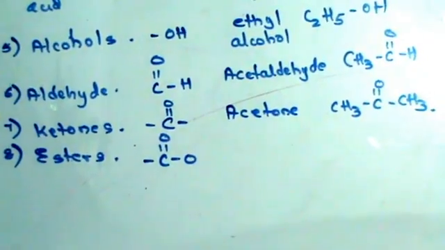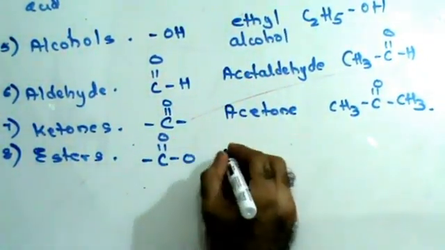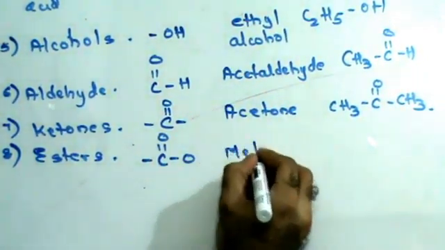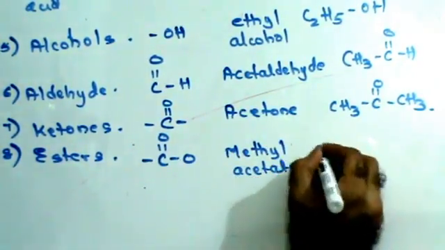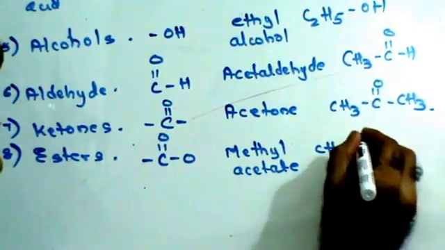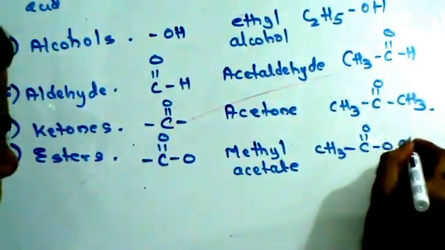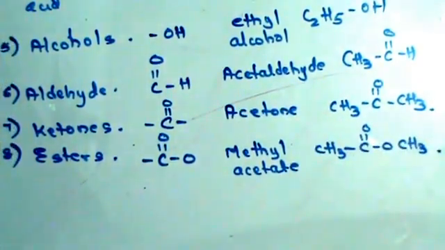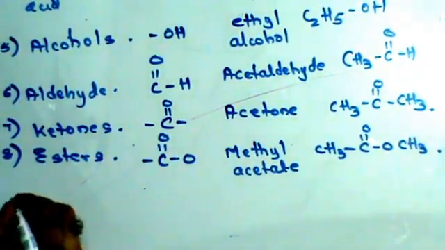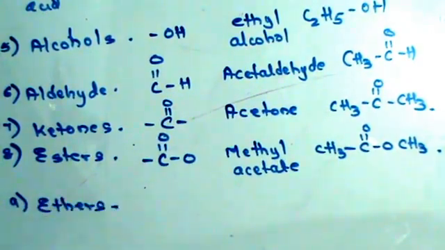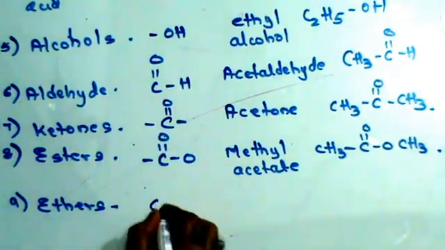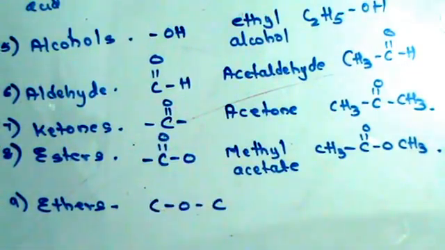For example, you can have methyl acetate, CH3COOCH3. Then the next functional group that you have is ethers, which is nothing but C-O-C.